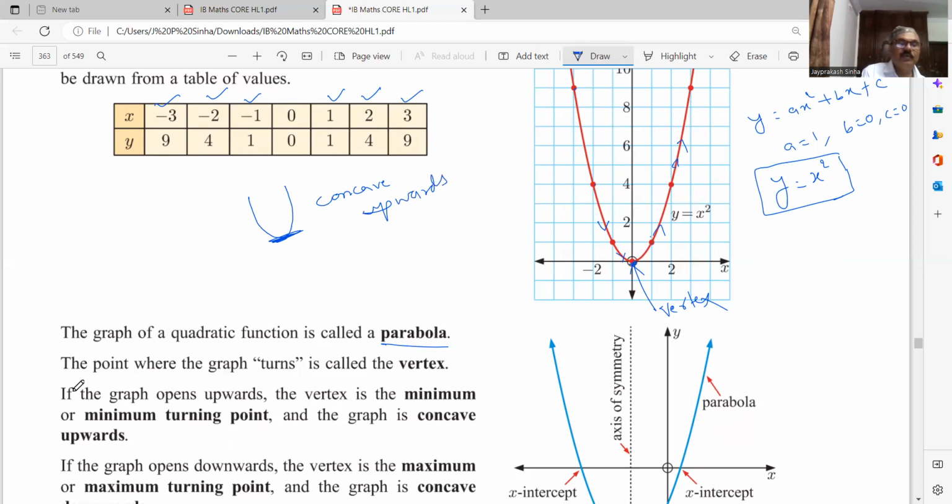And if the graph opens downwards, it means the graph is like this. The graph is opening downward. In this case, this vertex is the maximum, or maximum turning point.